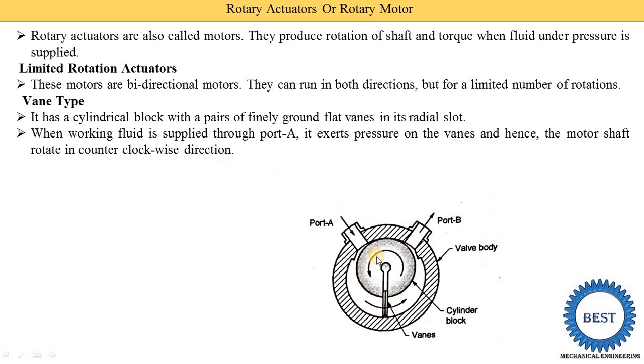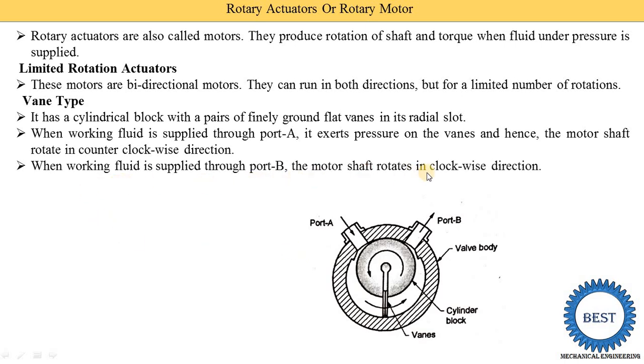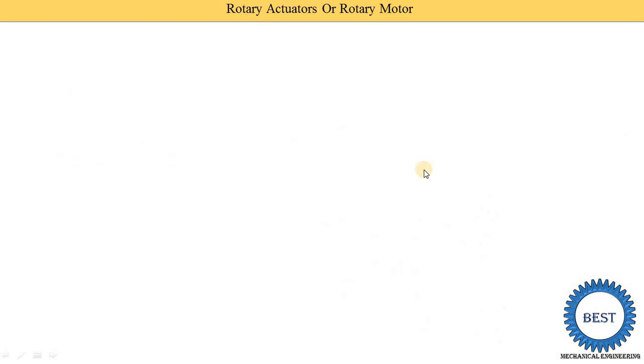Means suppose oil is supplied from port A, then it rotates in this direction, which is called counterclockwise. The opposite is also possible: supplied from port B, it rotates in a clockwise direction. So it is not only called a hydraulic motor, it can also be a pneumatic motor, depending on which fluid we supply inside the motor. When working fluid is supplied through port B, the motor shaft rotates in a clockwise direction.